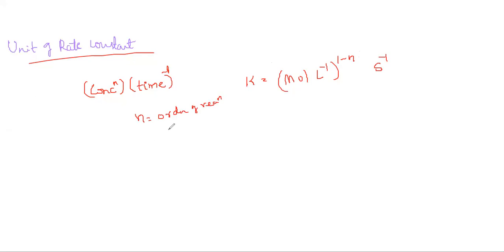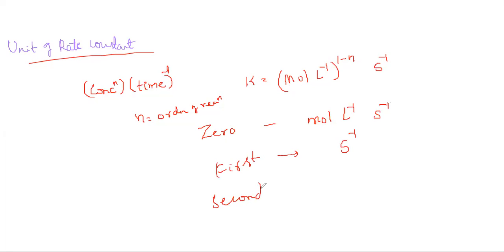Okay. So therefore when n is 0, 1 minus 0 will be 1. So for zero order, it will be mole liter inverse second inverse. Okay. Then for first order, 1 minus 1 is 0. So anything to the power 0 is 1. So therefore it will be second inverse for first order. And for second order, it is going to be minus 1.